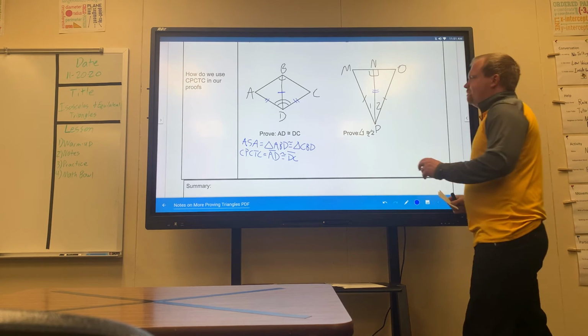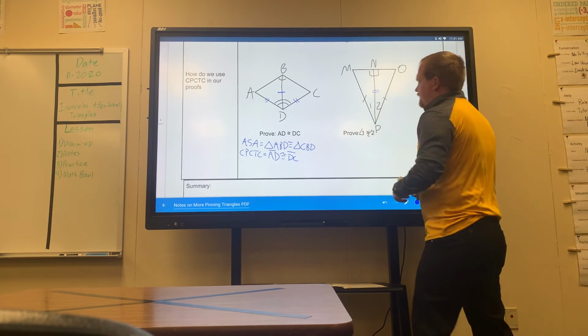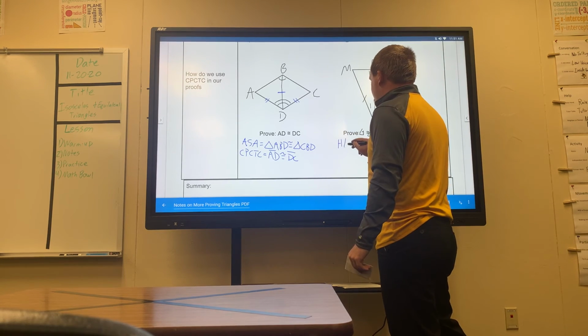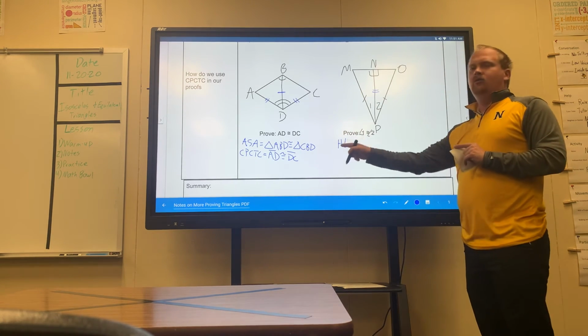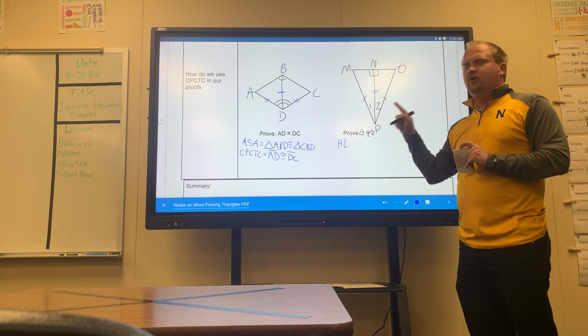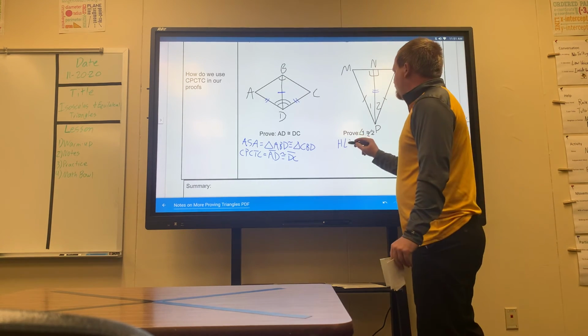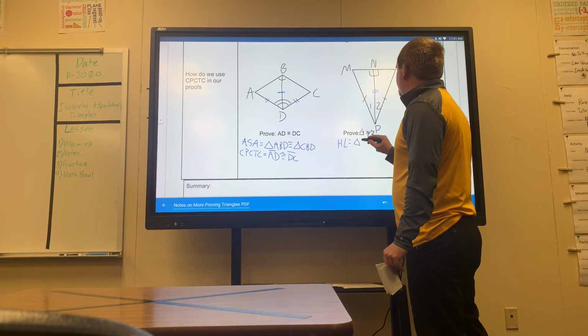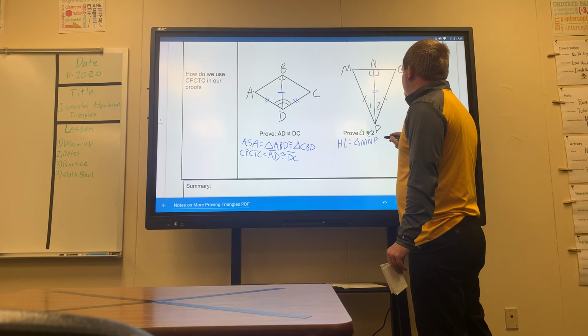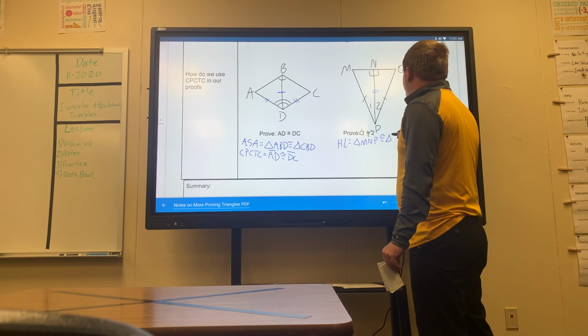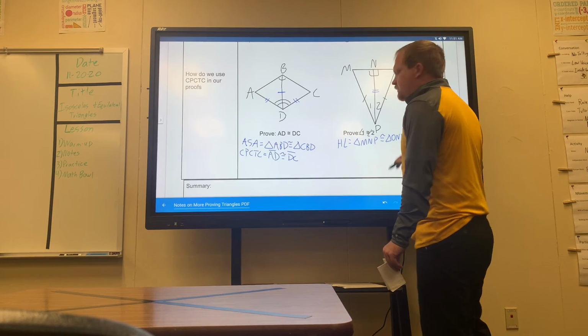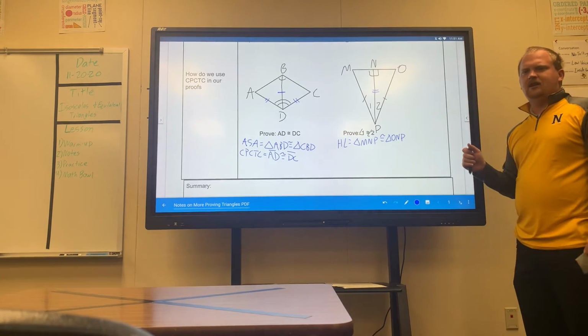Now, luckily, because of hypotenuse leg, which, by the way, only works for right triangles, only for right triangles, I can say triangle MNP is congruent to triangle ONP. So I can definitely say that.